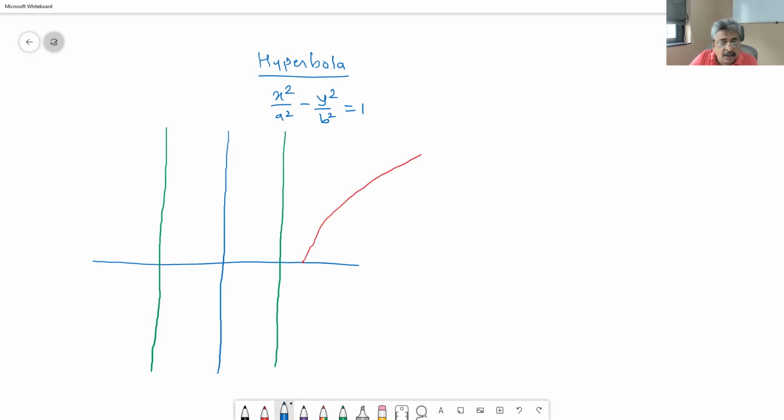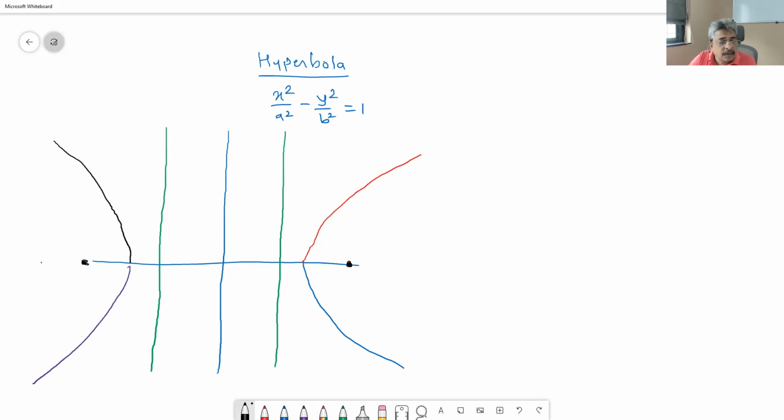Let me change the colors for different branches. And I need one more color. And this is your focus.